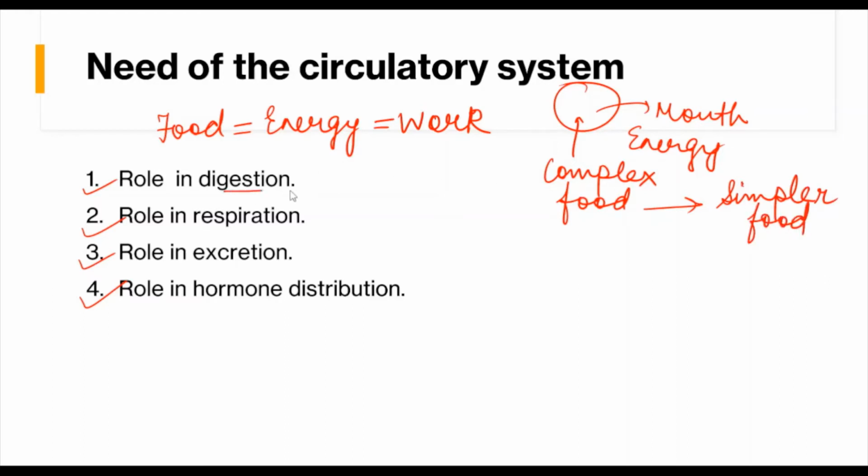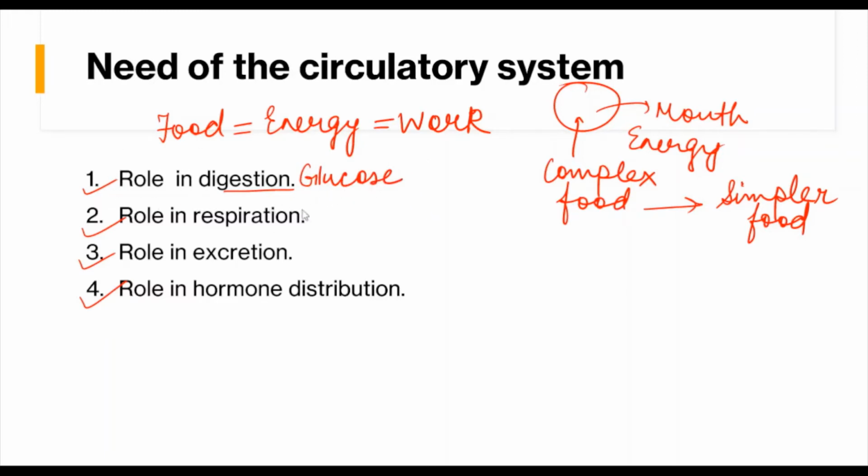It is known as digestion, isn't it? That means during the process of digestion, complex food gets converted into simpler food, and the simplest form of food is called what? It is called glucose. So this is what is done during the process of digestion.